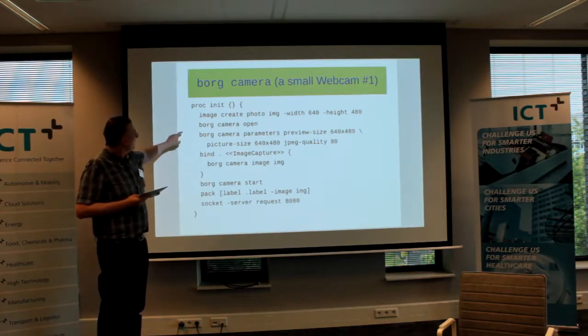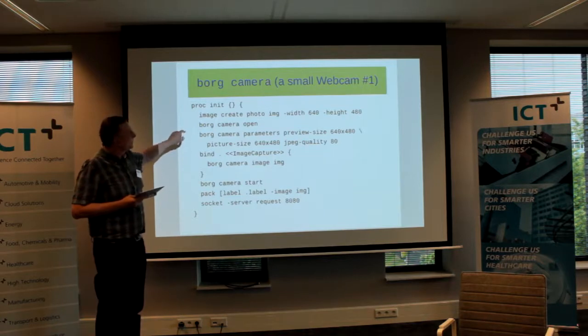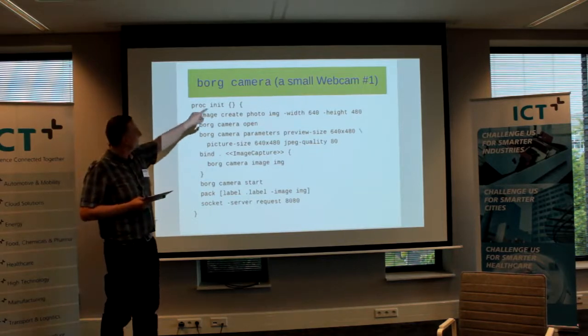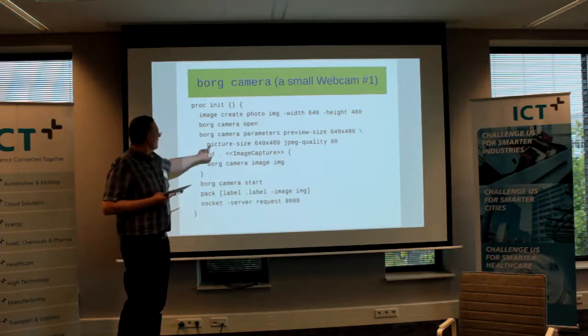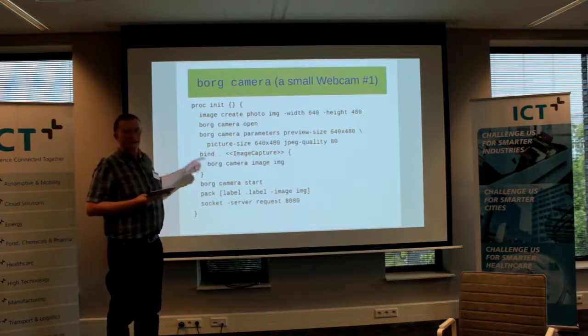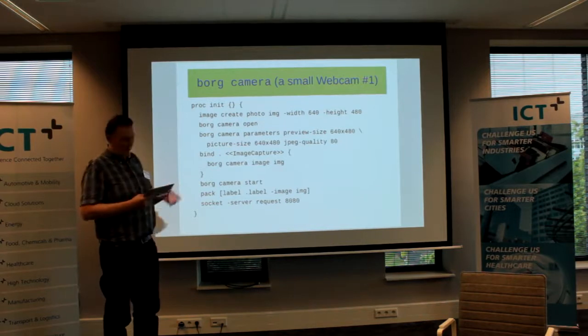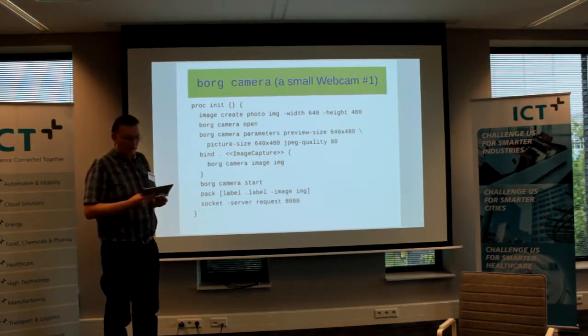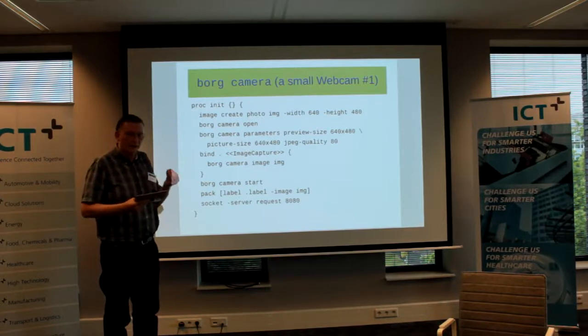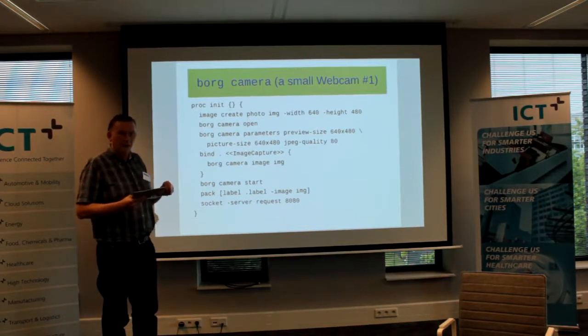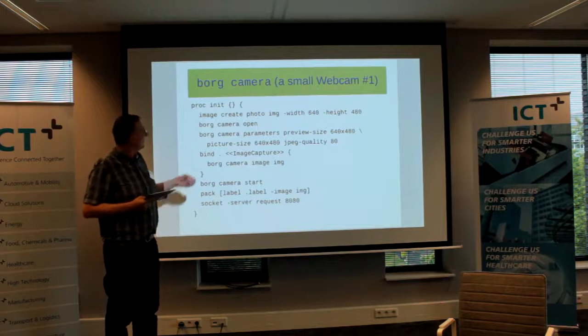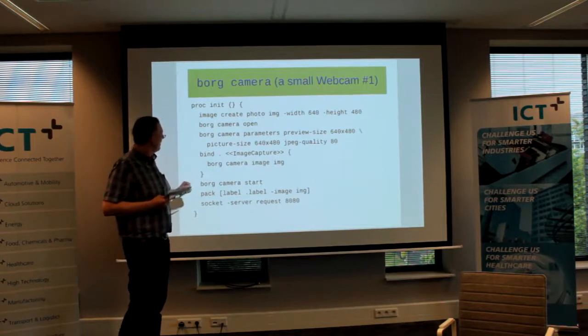Then we set the preview size to fit the photo image. We set the picture size, which is the size for the JPEG, which comes out for the higher resolution JPEG path of the camera, and we set the JPEG quality.